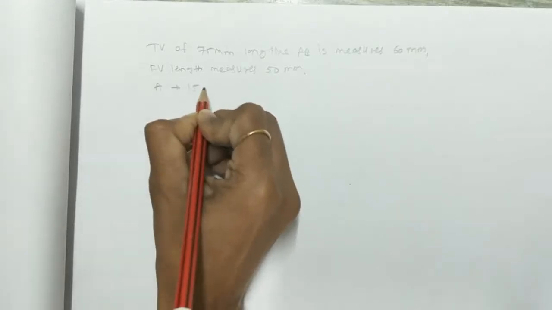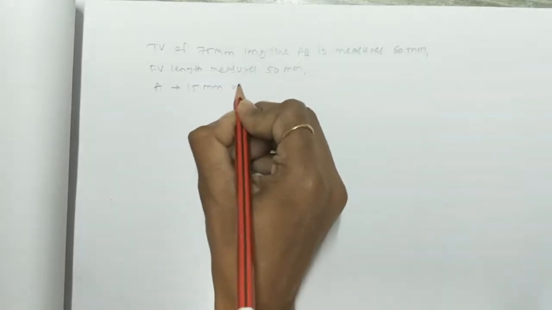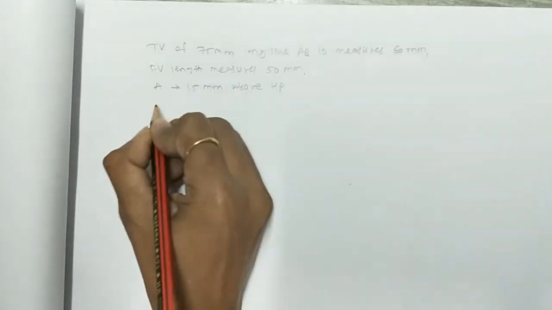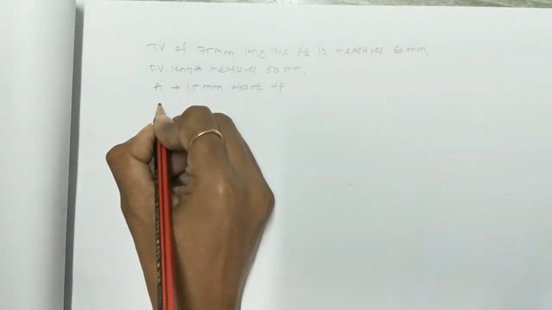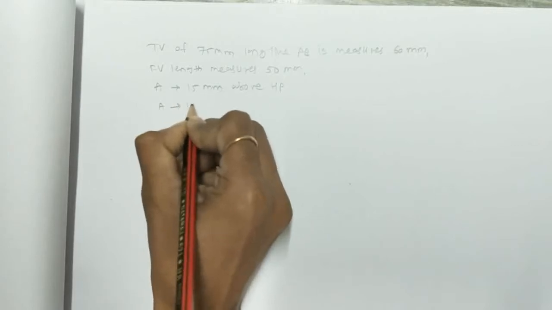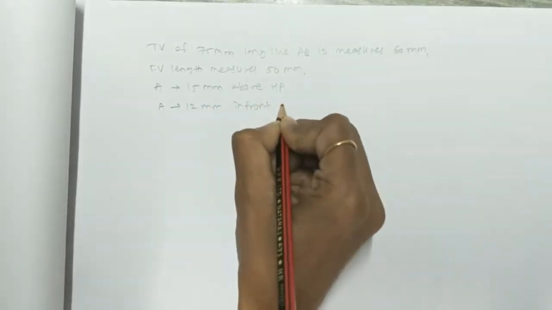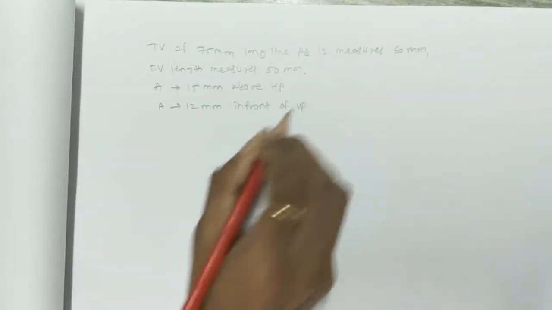15 mm above HP and 12 mm in front of VP. So we will draw projection of lines for this numerical.